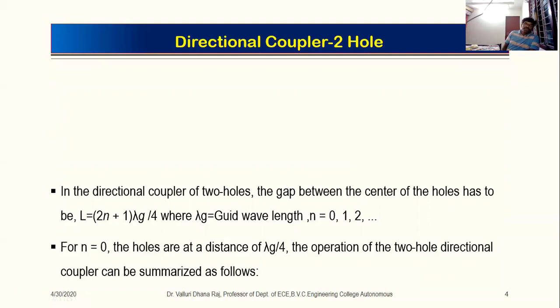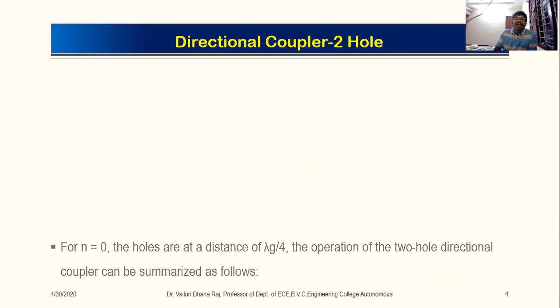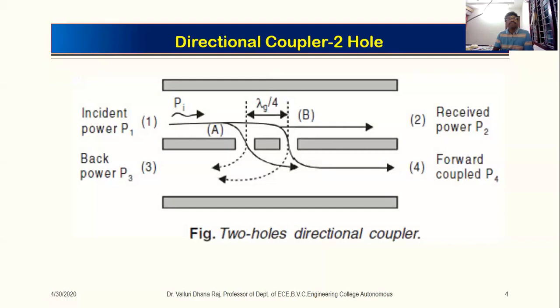For n equal to 0, the distance between the two holes is equivalent to lambda g by 4. So the directional coupler with 2 holes with a spacing of lambda g by 4 is going to be considered in our discussion. And you can see this is the directional coupler diagram.